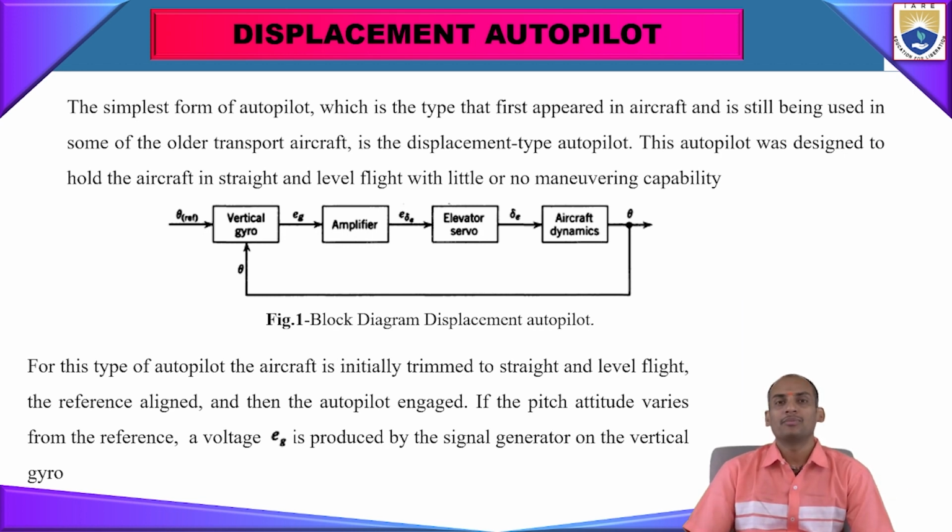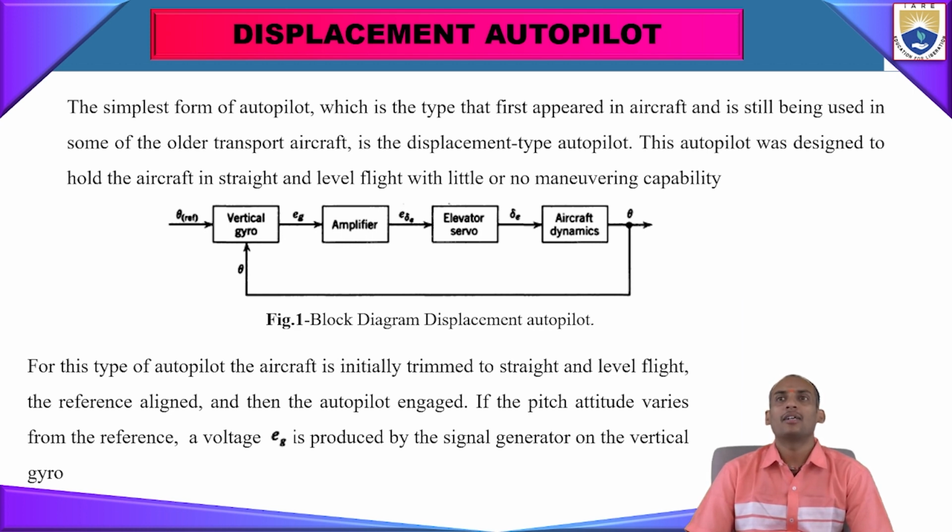One type of autopilot is an electronic system with integrated software. This is a unique system for controlling all the controls of an aircraft. The simplest form of autopilot system, still used in some transport aircraft, is called the displacement autopilot.